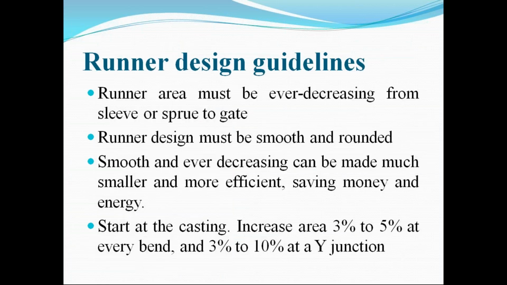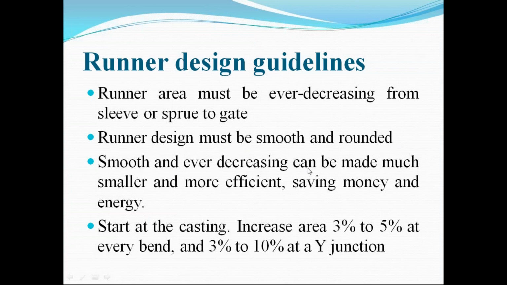So here are some guidelines for proper design of the runners. Runner area must be ever decreasing from sleeve or screw to gate for maintaining the proper velocity and pressure. Next, runner design must be smooth and rounded. No sharp corners or blind edges are permitted.